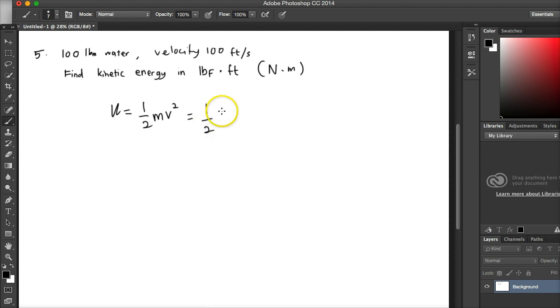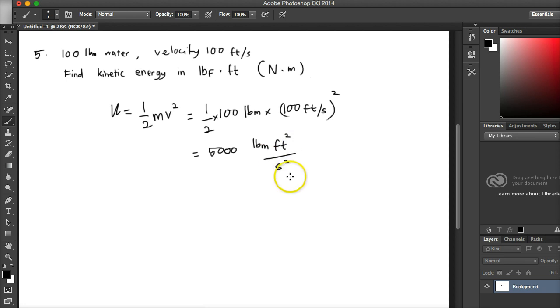So we have mass of the water is 100 pound, and times it by the square of velocity, which is 100 foot per second, and then the value is 5,000 pound, and then foot square over second square.